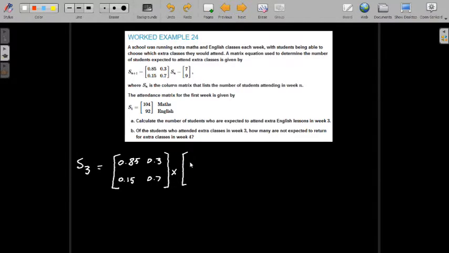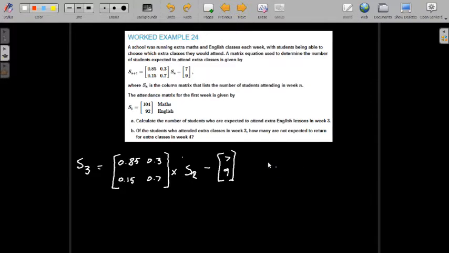month, which was S2, which we actually don't have. We've only got S1. I'm just going to put it in there for now, just as S. Sorry, no, that should be S2. And then take this matrix here. Now, I can't work that out because I don't know what S2 is.